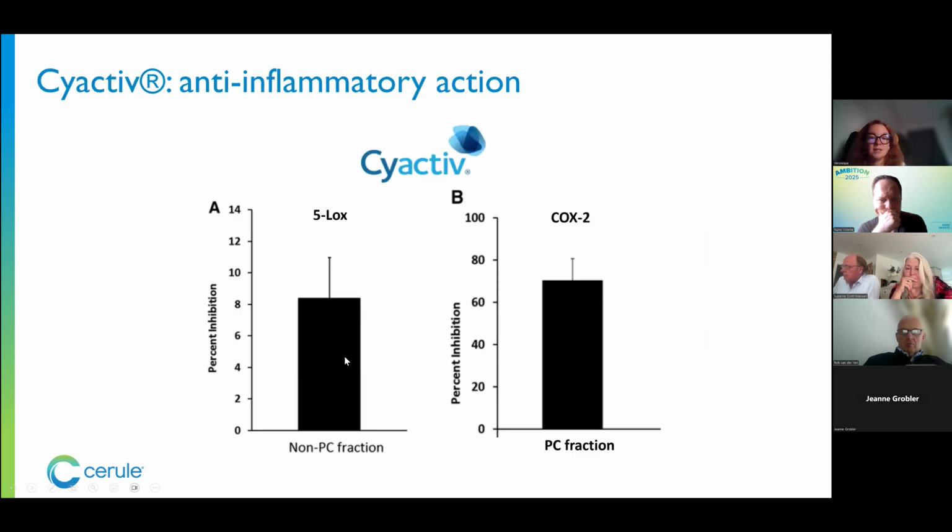And what we know is that specifically Cyactive will have this anti-inflammatory action because the phycocyanin fraction will inhibit the activity of COX-2, and the non-phycocyanin fraction will inhibit 5-LOX. So we have this natural anti-inflammatory action.